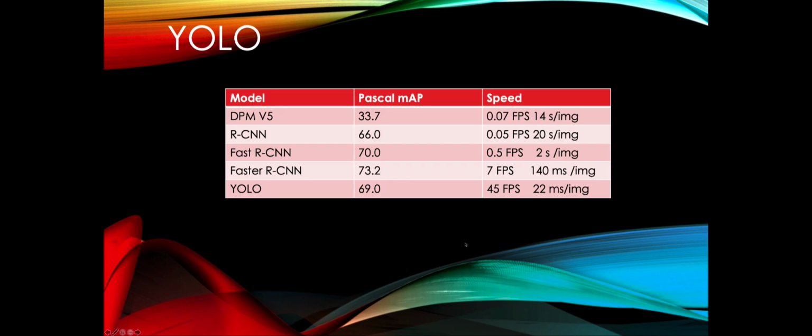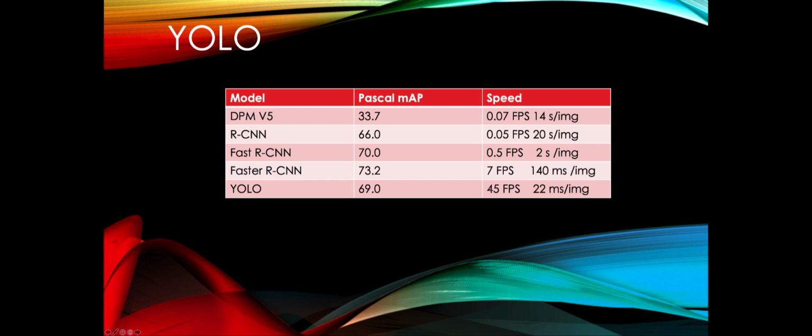So here is a summary of various models. For each model, it shows the mean average precision using Pascal and also the speed. If you compare the earlier models like DPM v5, RCNN and Faster RCNN on accuracy and speed, YOLO really stands out because of its high processing speed.